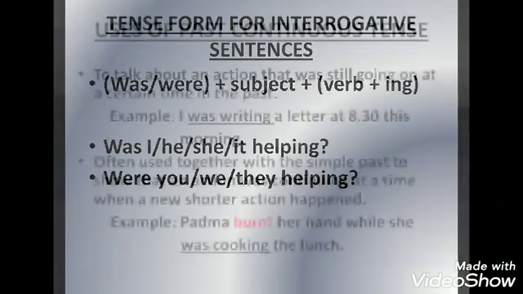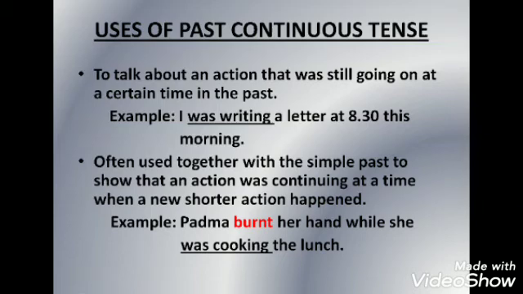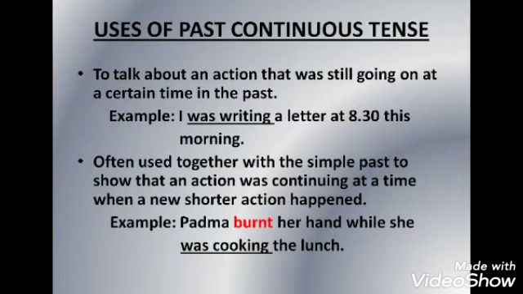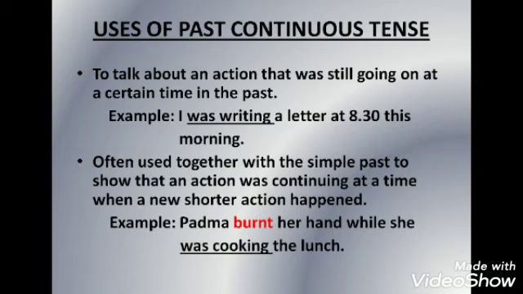Now, the uses of past continuous tense. The past continuous tense is used to talk about an action that was still going on at a certain time in the past. For example, I was writing a letter at 8:30 this morning.